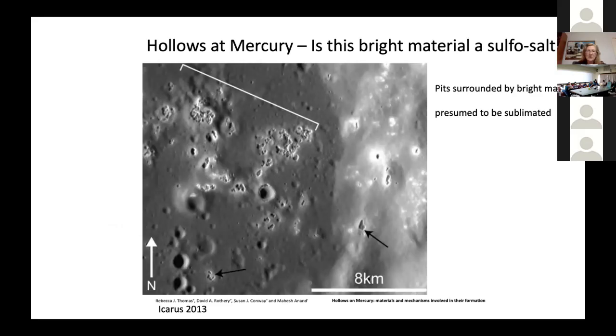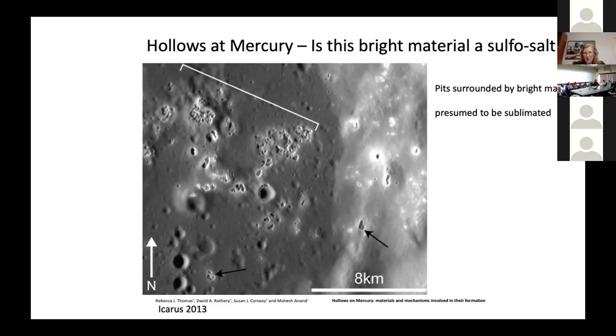One really interesting observation was a phenomenon called hollows. These are depressions. They don't have rims, so they're not impact features. They're probably features where volatiles desorbed and the soil just fell away. But around these areas, there's a very bright material, and that's presumed to be sublimated out of the hollows.